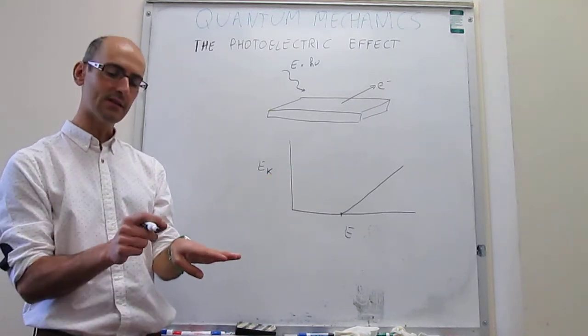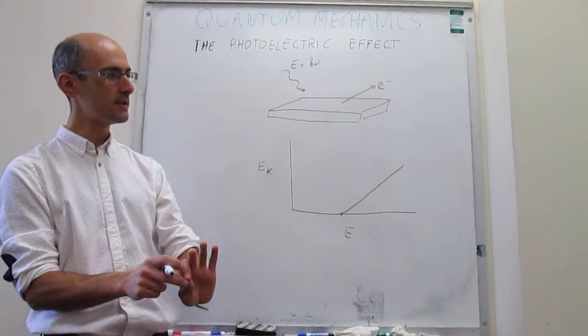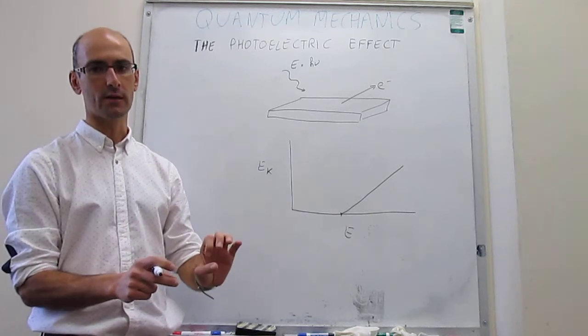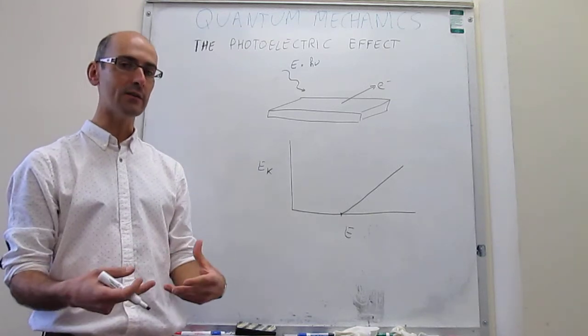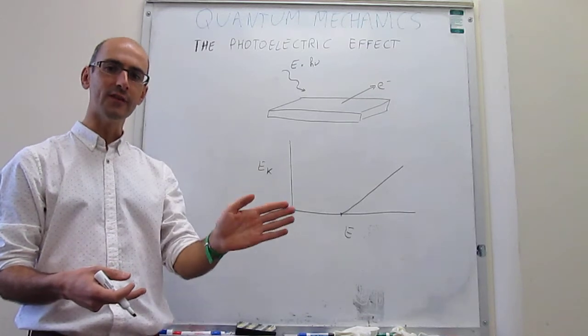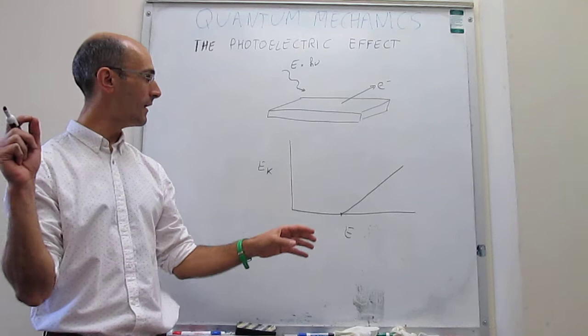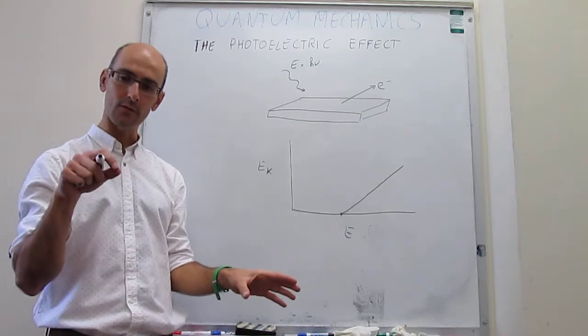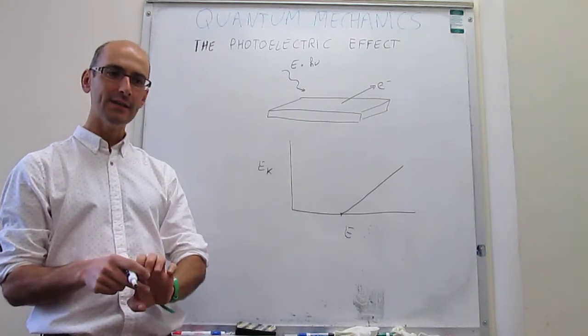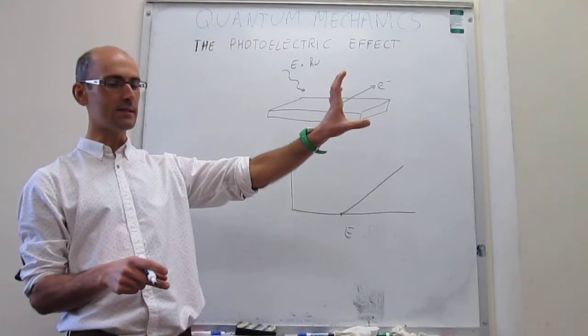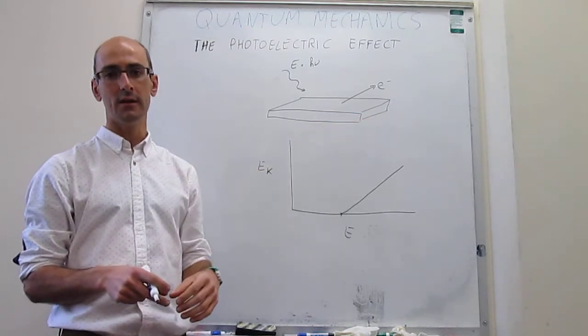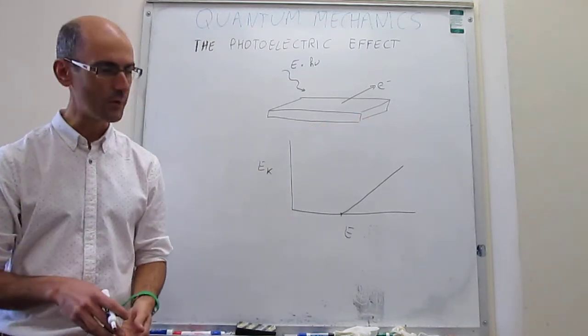But if the energy is large enough, then a collision will take place, and you will be able to kick out the electron. Now the more violent the collision, the larger the kinetic energy of the dislodged electron will be. So if you hit the surface with a photon that has very high energy, then the excess energy is going to be carried out by the electron in terms of kinetic energy.